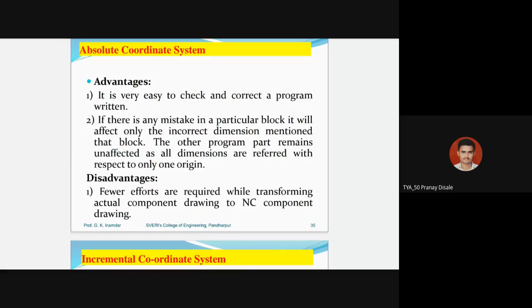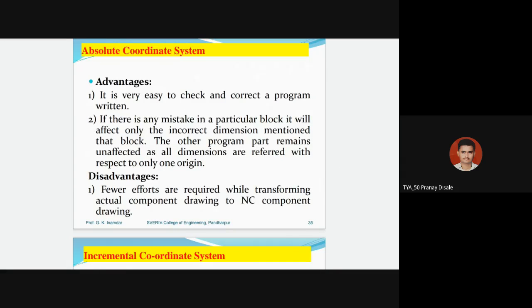This is the advantage. But in incremental, there is no fixed origin. Whatever the last point, the last operation, that will become origin. For that purpose, the absolute coordinate system is easy or advantageous.